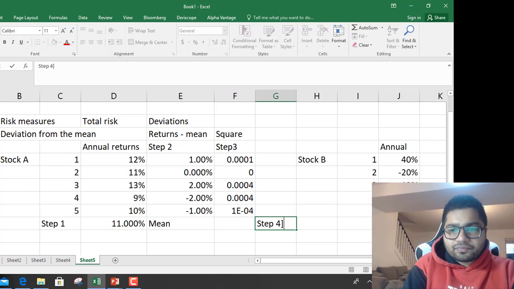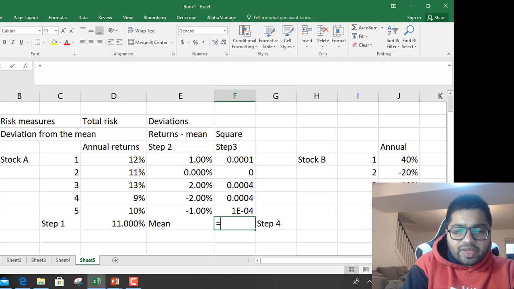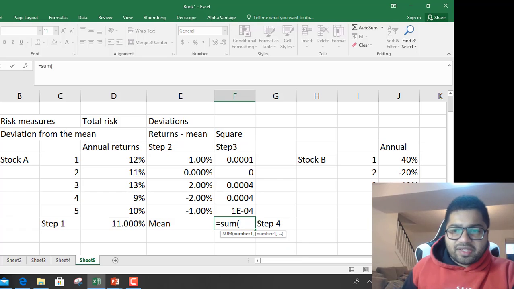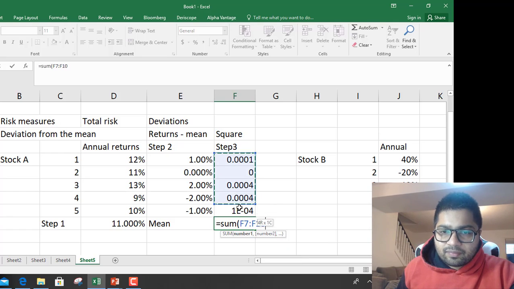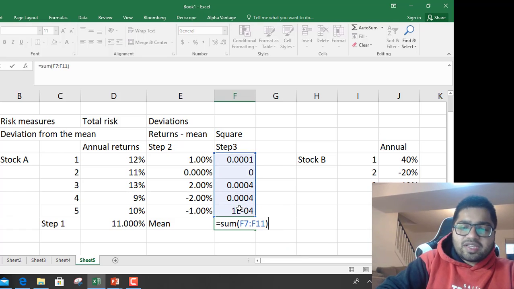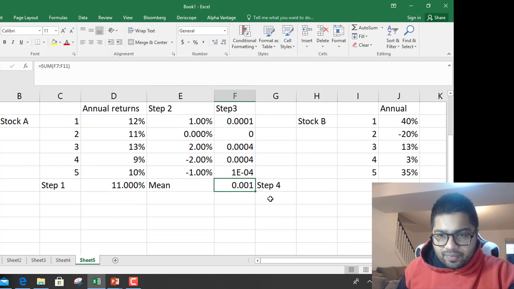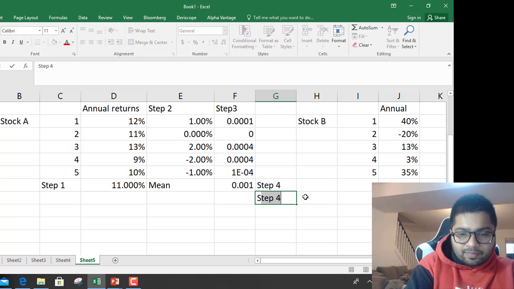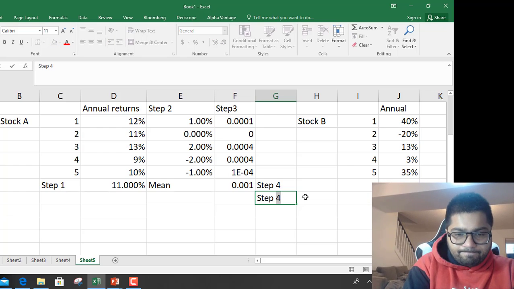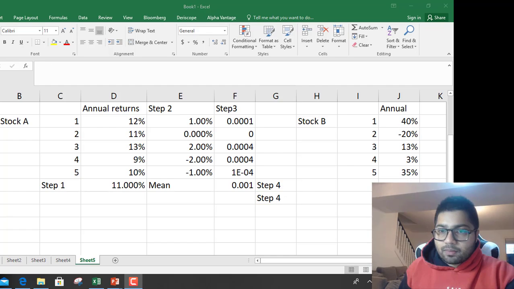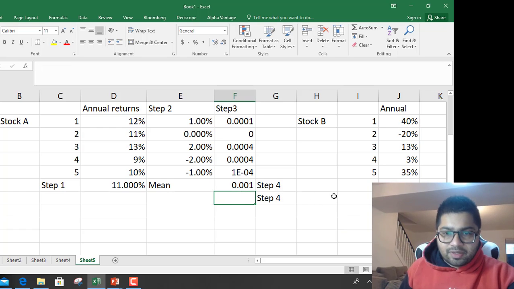Step 4, we add those deviations up. So in step 4, we added those deviations up.